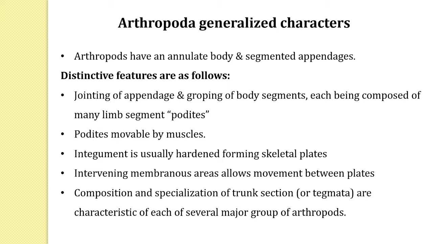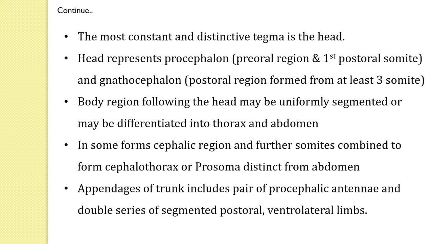The composition and specialization of the trunk sections, which are also referred to as stigmata, are characteristic of each of the several major groups of the Arthropoda. The most constant and distinctive stigma is the head.